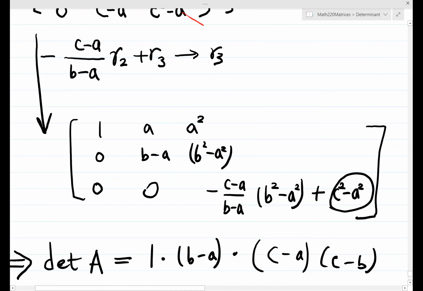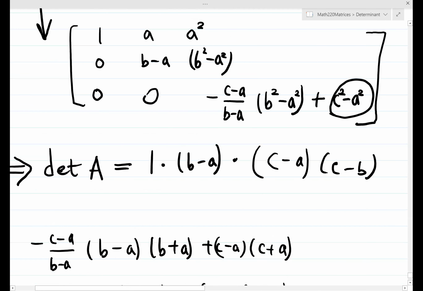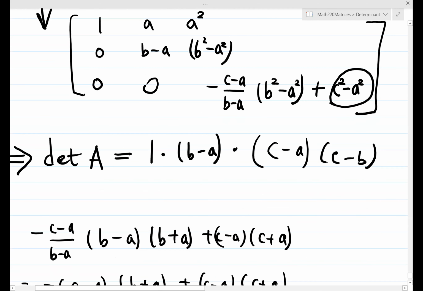So in this case we got the determinant of A: the 1 is just 1, so you got b minus a, c minus b, c minus a.